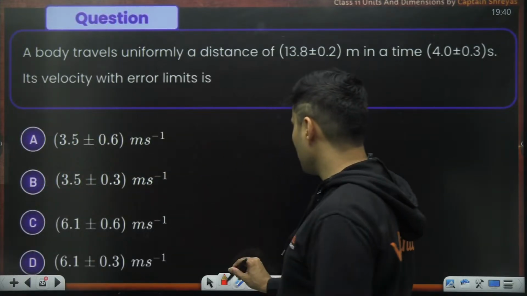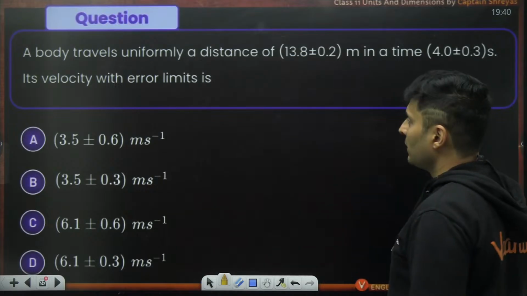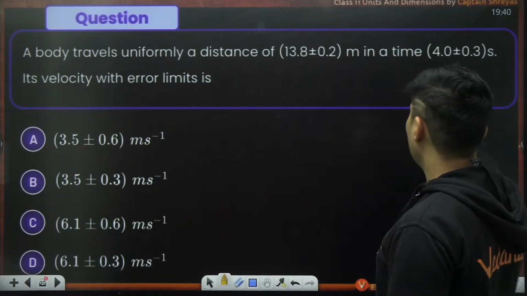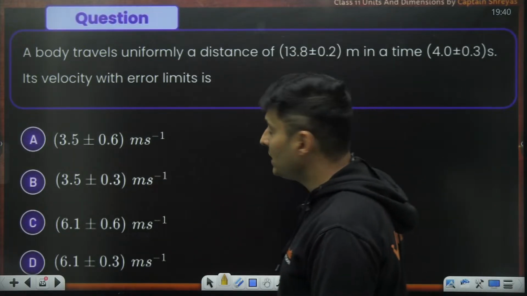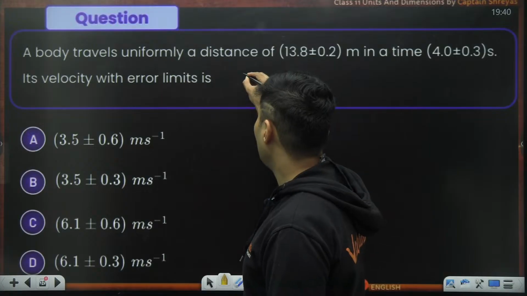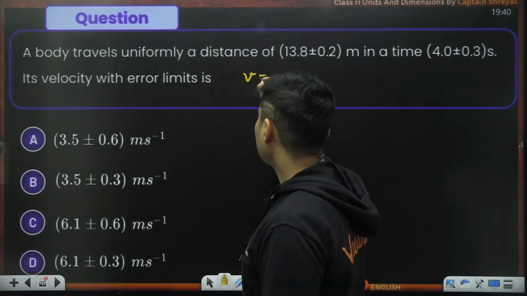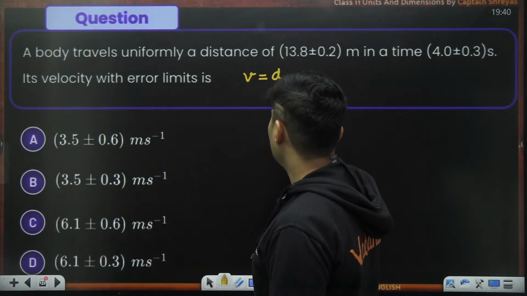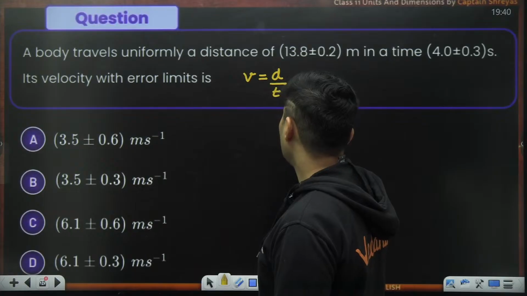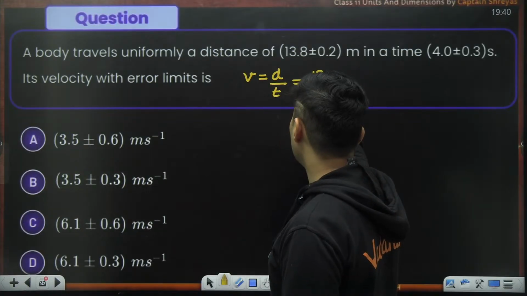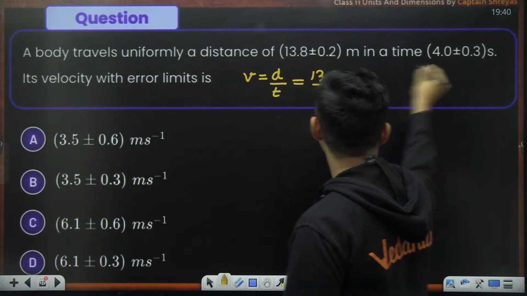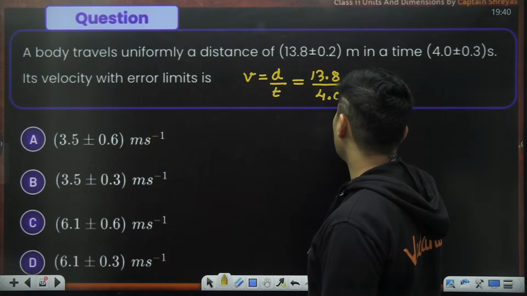I'll show you the next question. I think it is asked in JEE. Okay. Distance is given, time is given, velocity with these error limits. First of all, velocity. Velocity is nothing but distance by time. Most likely distance is 13.8. Most likely time is 4.0.